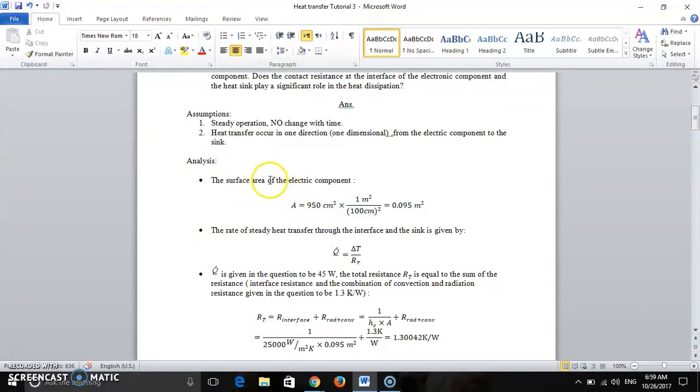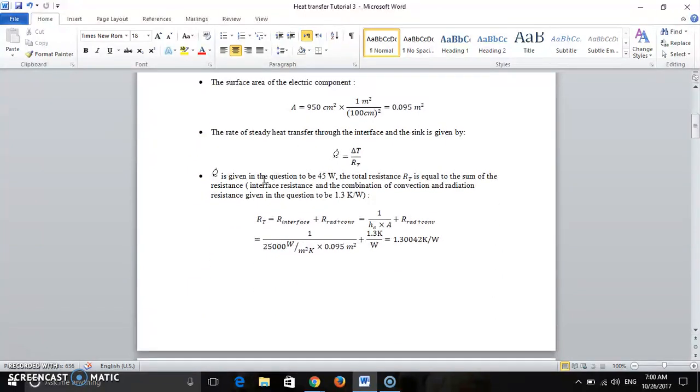Anyway, if we start with solving the problem, first of all, we need to convert the area from centimeter square to meter square. This is a simplification to the calculation later. Then if we check the general formula for the heat transfer, for the steady state, no heat generation, the heat transfer is equal to the temperature difference divided by the total resistance.